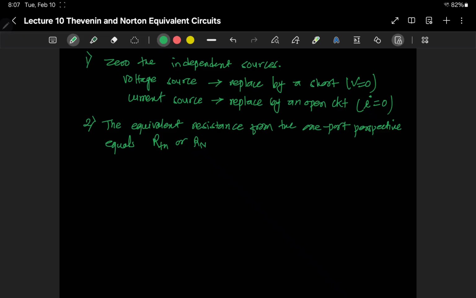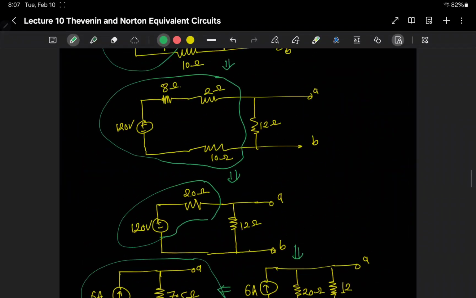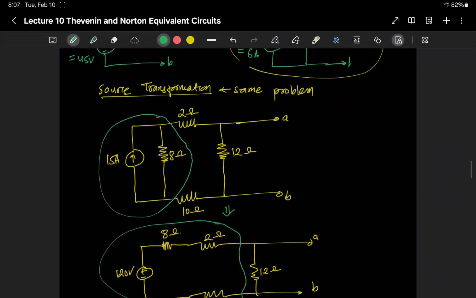So going back to the problem we had, this is our original problem. In this case, we have the current source, so we are going to replace it with an open circuit and look for the equivalent resistance from this side, the one port side.